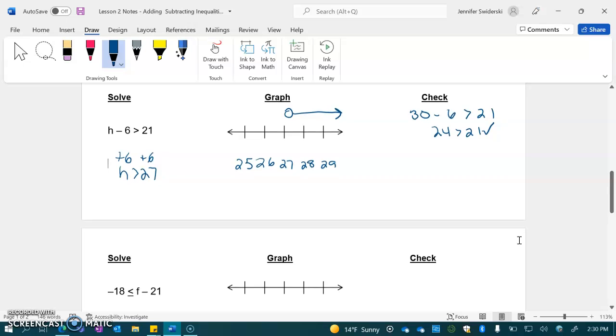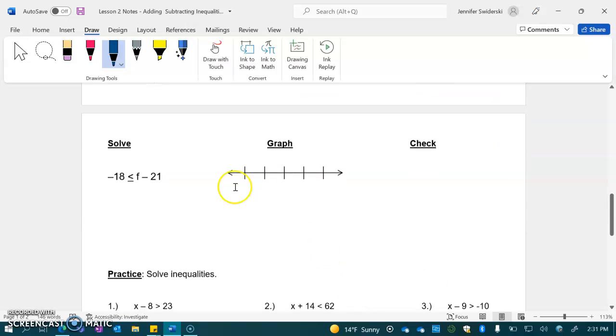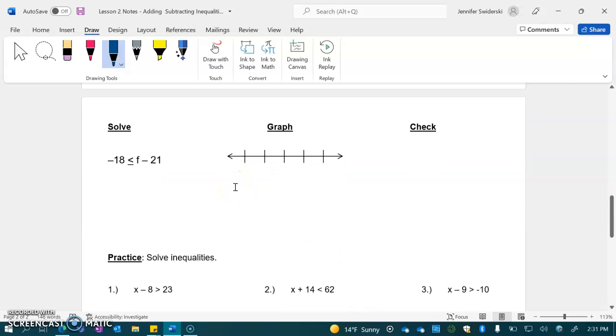All right, down below, this one's flipped, which is totally okay. What I'm going to do is draw on my railroad tracks. I want to get f by itself. To do that, I'm going to add 21 to both sides. I end up getting 3 is less than or equal to f.